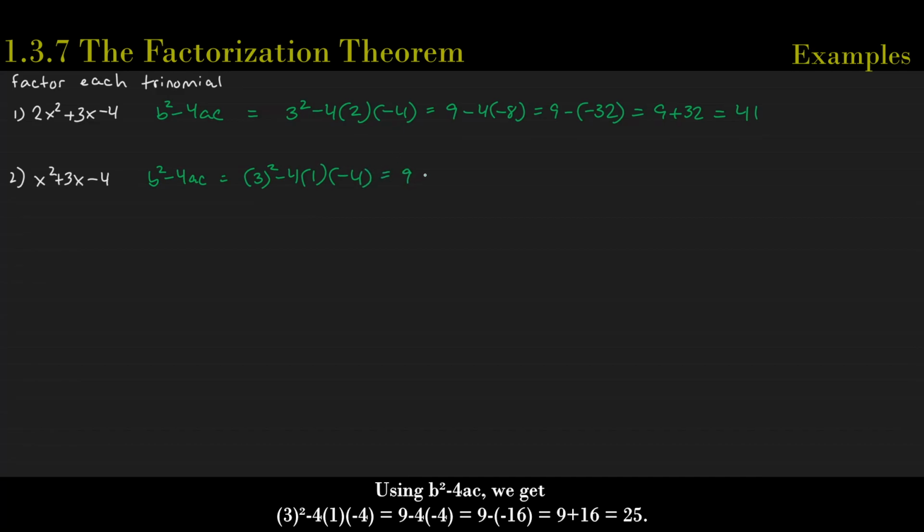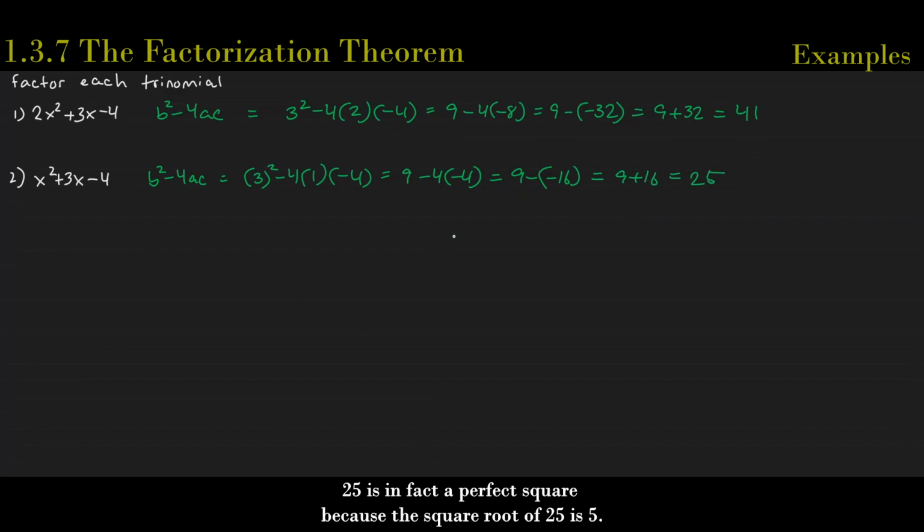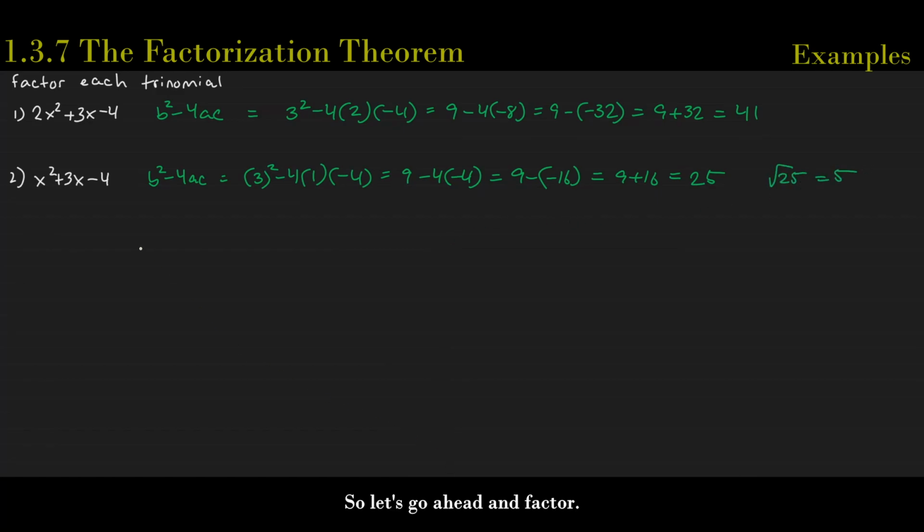This equals 9 minus 4 times negative 4 equals 9 minus negative 16. This equals 9 plus 16, which equals 25. 25 is in fact a perfect square because the square root of 25 equals 5. So let's go ahead and factor.